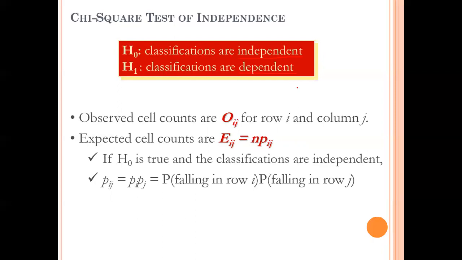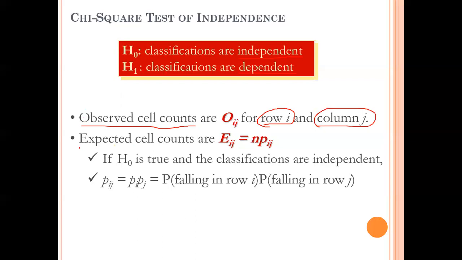In chi-square test of independence, we also refer to the observed cell count, that is O, where I is the row and J is the column.